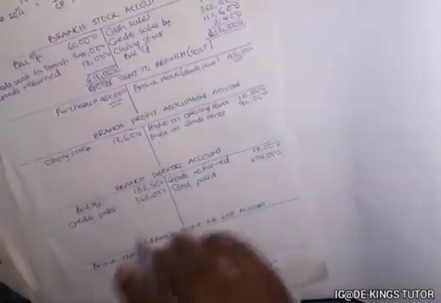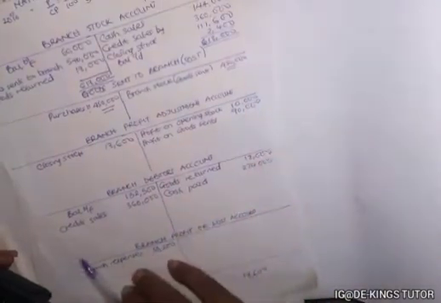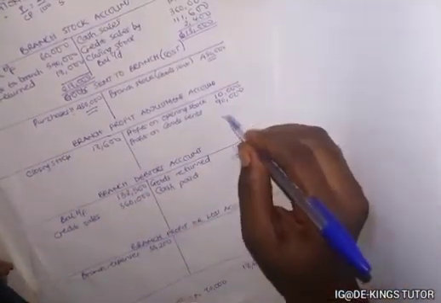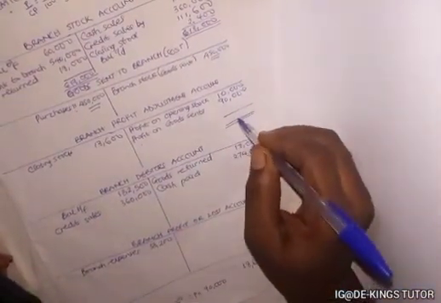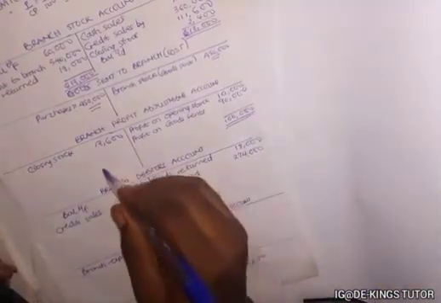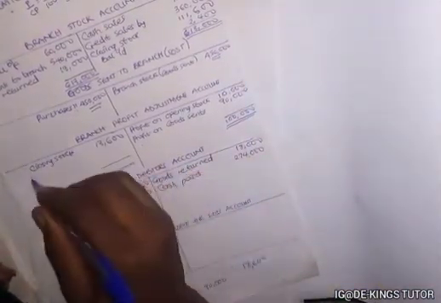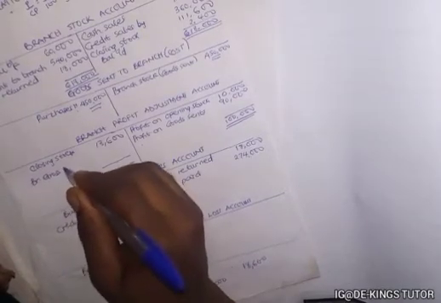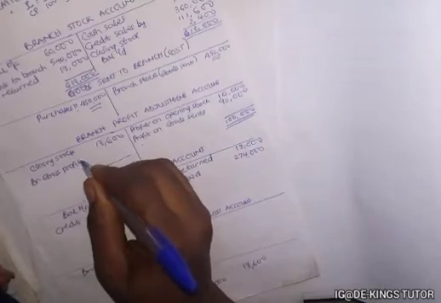Okay, the branch profit adjustment. So we'll have to get our branch gross profit if the credit side is bigger than the debit side. So looking at it, here is 90 plus 10,000 is 100,000. It means we'll have a branch gross profit.